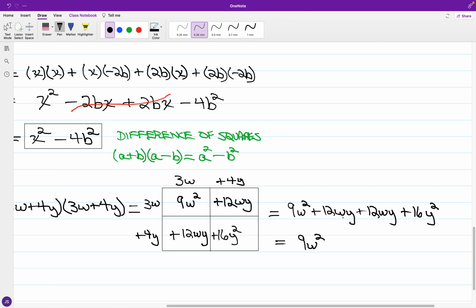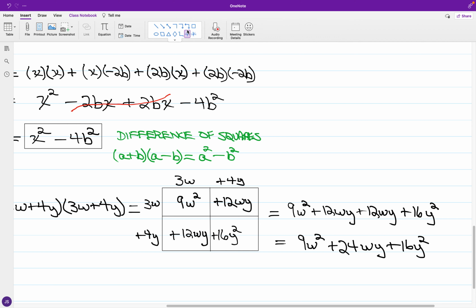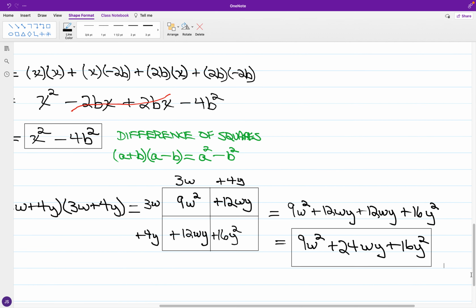And like terms that are identical will add instead of canceling, so you have 24wy. And then for the last product, we have 16y squared. So the output here is going to be the trinomial 9w squared plus 24wy plus 16y squared.